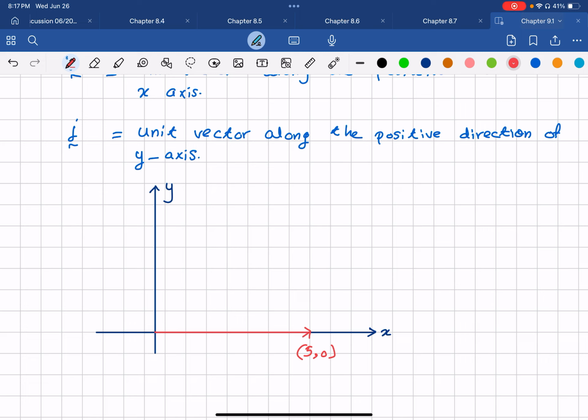So then I would call this vector to be v. Then in this case, v is going to be 5 times i, because I know that the vector whose magnitude is 1 is going to be i. So, and the vector v has length 5, so v is going to be 5 times i. Okay, that's why at the beginning I mentioned that if you are having point x comma y, that vector is going to be xi plus yj.